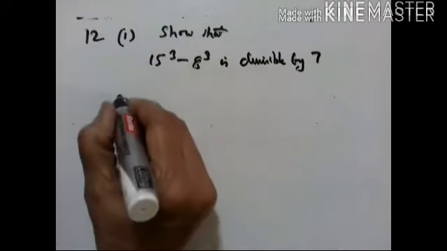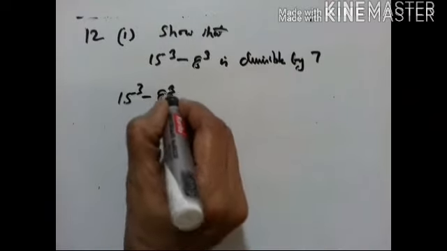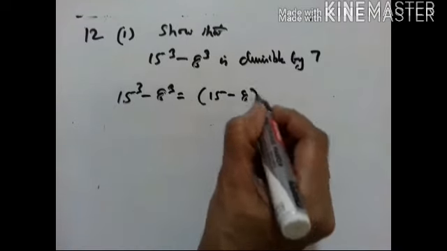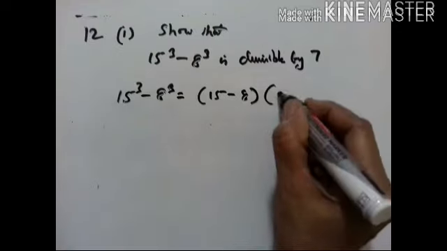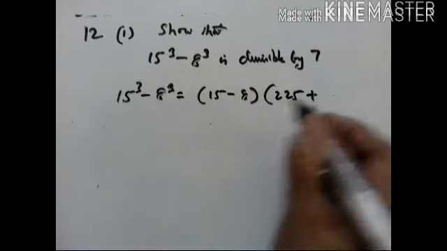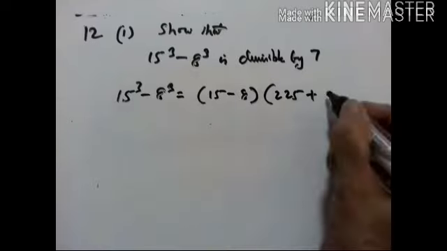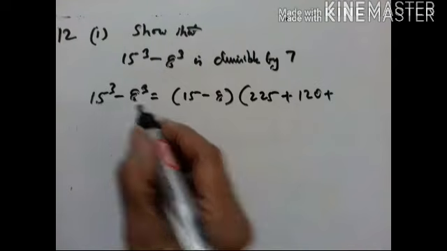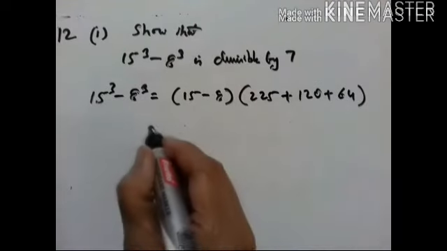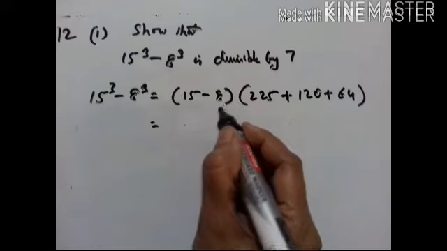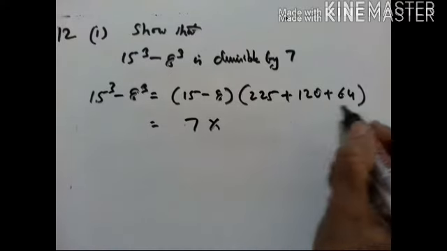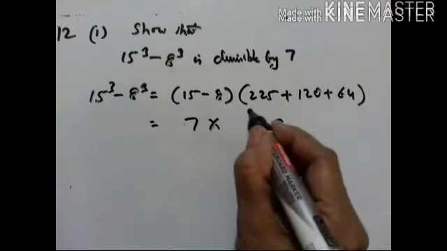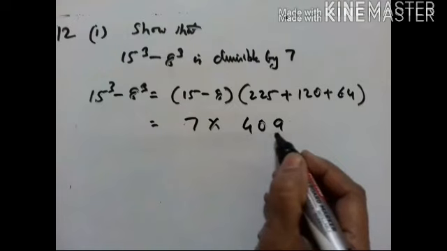So a cube minus b cube. 15 cube minus 8 cube is equal to (a - b), (15 - 8) into a squared, 15 squared is equal to 225, plus ab, 8 into 15 is equal to 120, plus b squared, 8 square here, that is 64. 15 minus 8 is equal to 7 into, when we add this, we get 7 into 409.